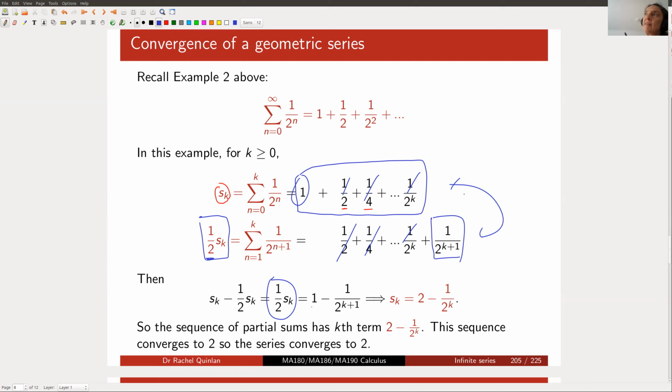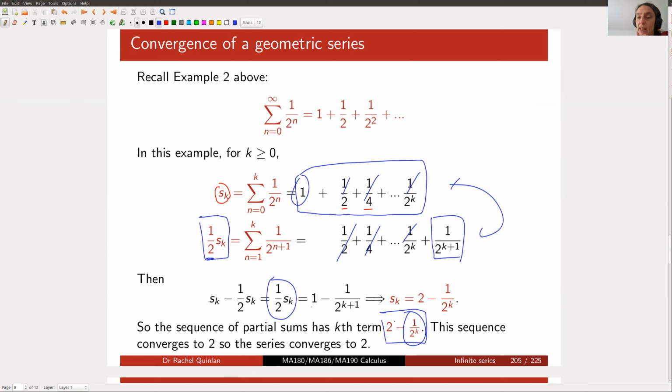So we're saying here that the sequence of partial sums has sk term 2 minus 1 over 2 to the k. The sum up as far as 1 over 2 to the k is this expression. We already observed that for the first few terms, but we can see by looking at what happens to that as k goes to infinity. The 1 over 2 to the k part just goes to 0. So that sequence converges to 2. Those values approach 2 as k increases.